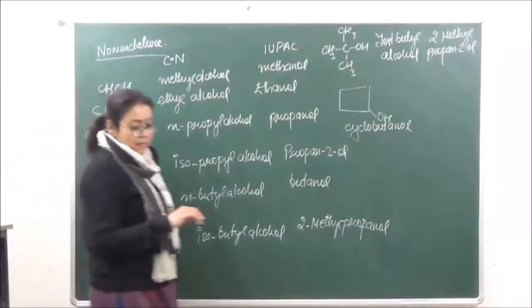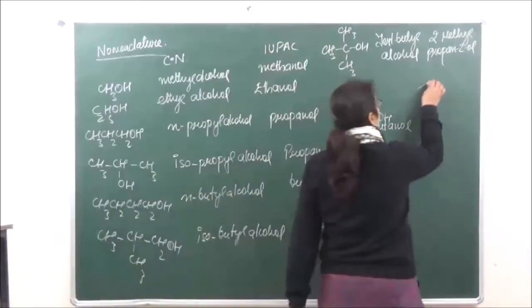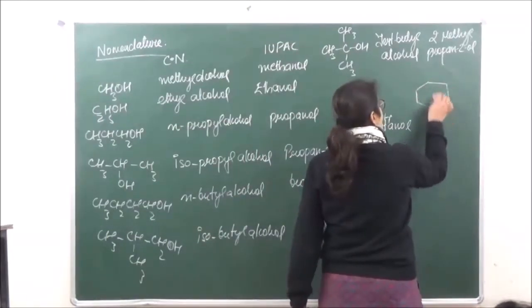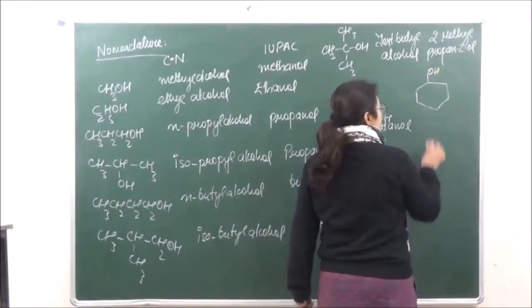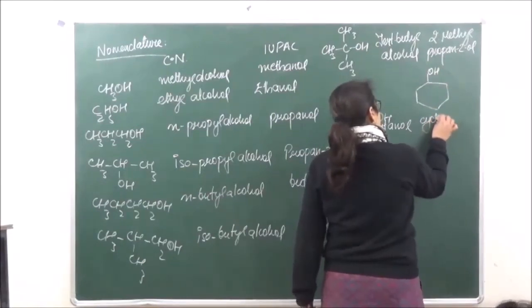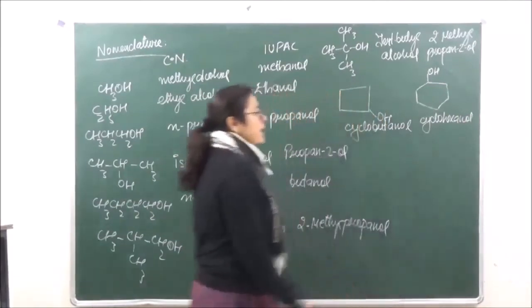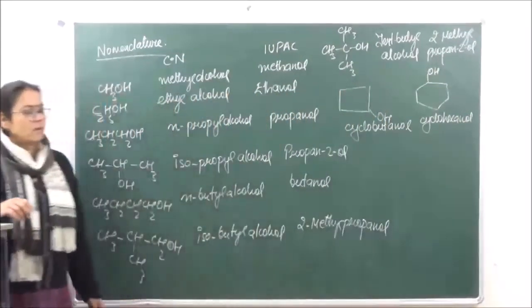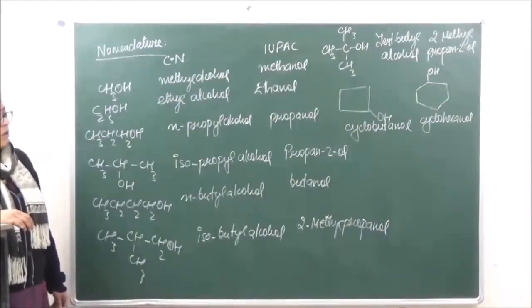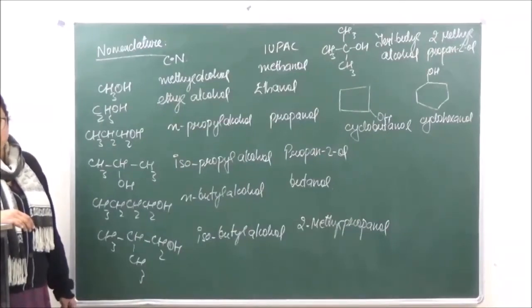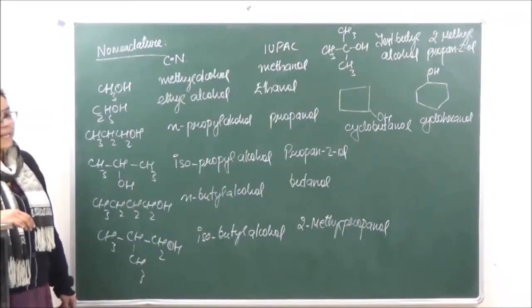In a similar manner, if there are 6 carbon atoms which are present, this is known as cyclohexanol. Okay, so this is how you are going to name the cyclic compounds.